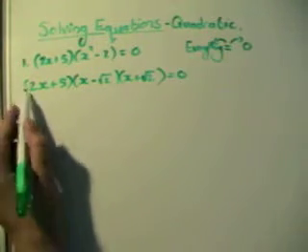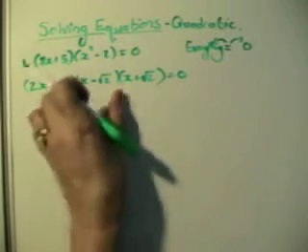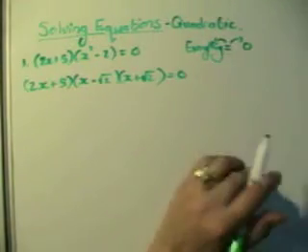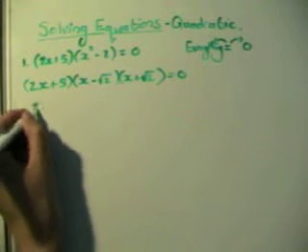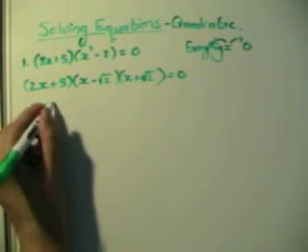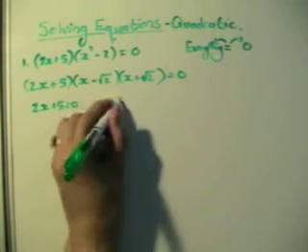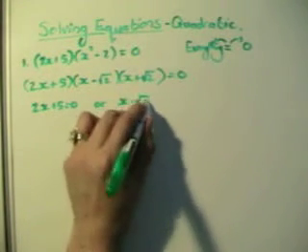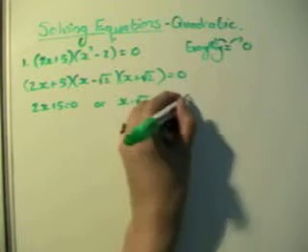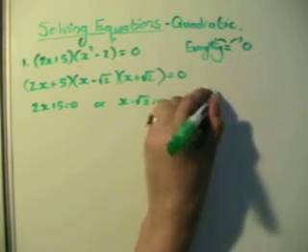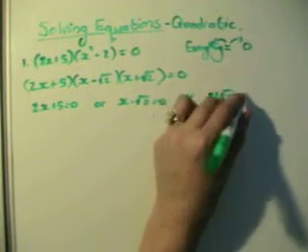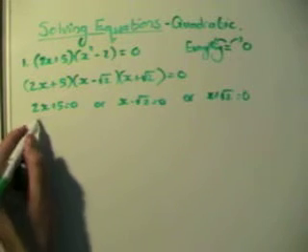And then you see I have 3 things multiplied with one another that gives me 0. So I use the zero factor law that 2x plus 5 must be 0, or x minus root 2 must be 0, or x plus root 2 must be 0. And then I will have 3 answers.